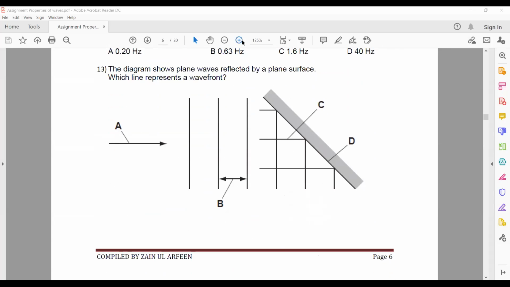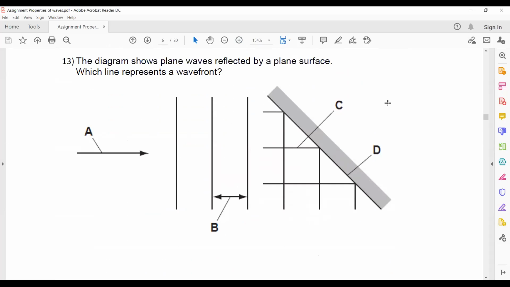Question 13, what could be the answer? The diagram shows a plane wavefront reflected by a plane surface. Which represents the wavefront?